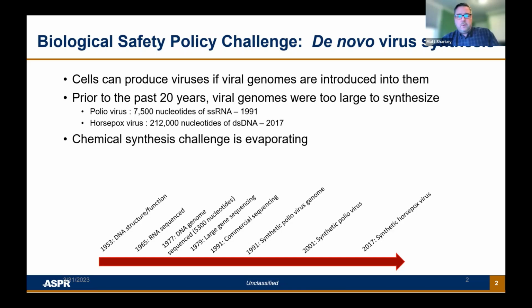So we didn't have to worry prior to 2001, when the first synthetic poliovirus was produced in HeLa cells, that if we had access control for a small RNA virus, people who were unauthorized to obtain those viruses could get their hands on them after the synthetic poliovirus genome work was published in 91, and then synthetic poliovirus itself was produced in 2001.